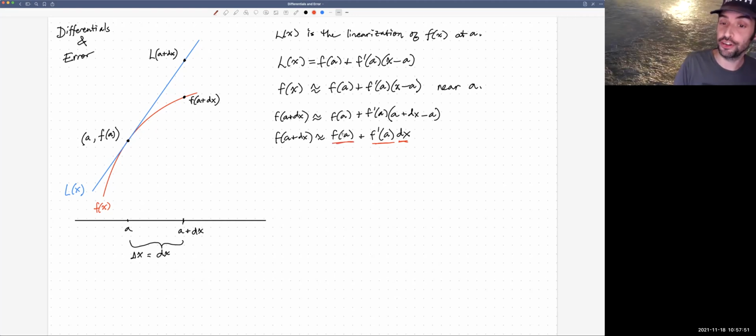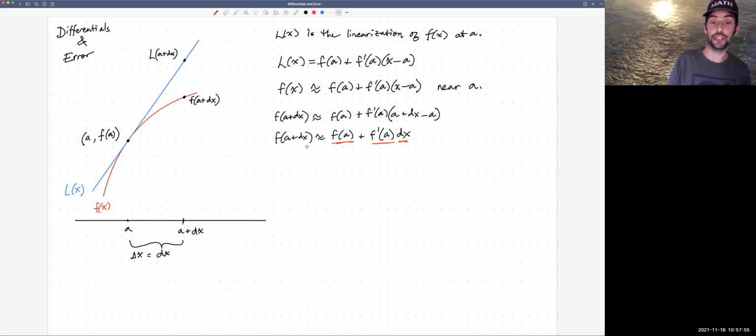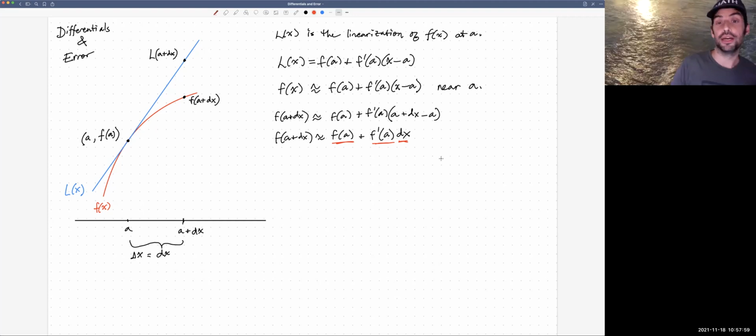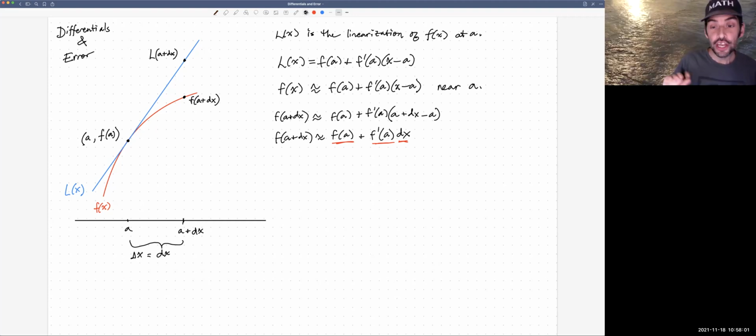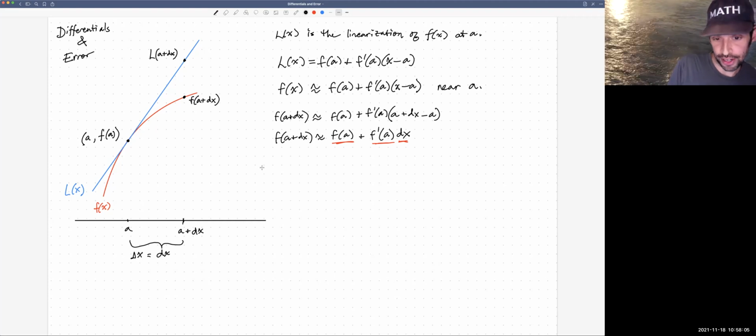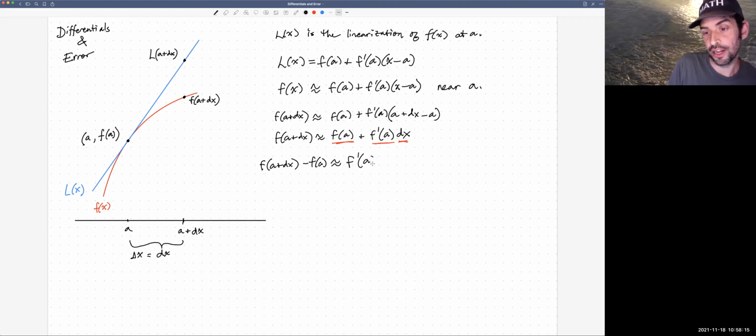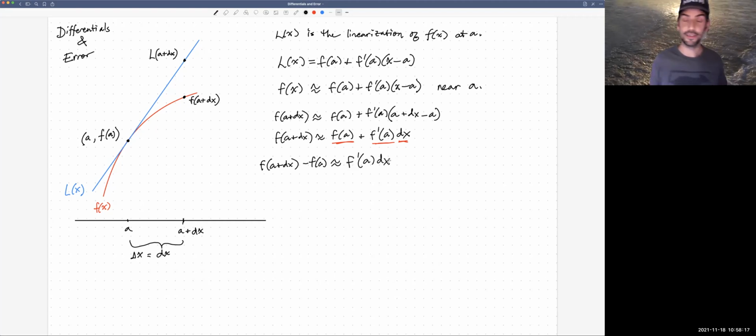So we have our starting point plus how much we change to get our finishing point. Of course, there's an approximation in here. They're not precisely the same, but they're close to each other. We're going to manipulate this a little more. I'm going to subtract f of a on both sides. And so I have f of a plus dx minus f of a is going to be approximately equal to f prime of a dx.